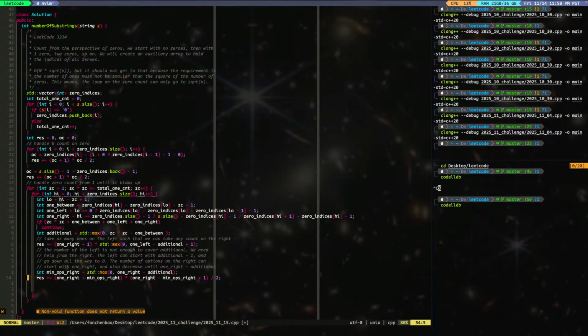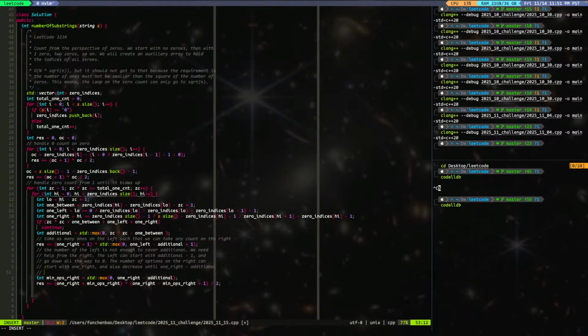Yeah, this doesn't feel right to me. This is like the left. I'm decreasing, right? I'm decreasing, and then we're saying we can. Yeah, that's actually not right. Depending on the starting point on the left, right? Depends on the starting point on the left. Minimum operation on the right.